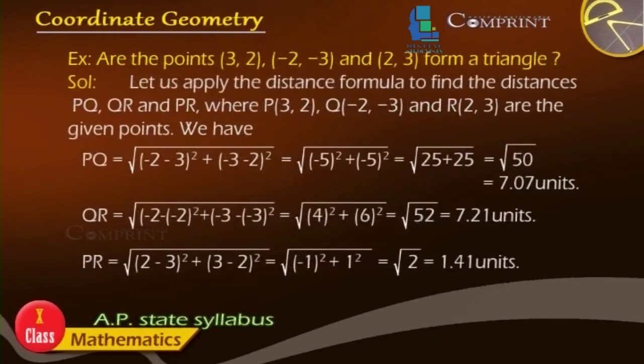Example: do the points (3, 2), (minus 2, minus 3) and (2, 3) form a triangle? Solution: let us apply the distance formula to find the distances PQ, QR and PR, where P (3, 2), Q (minus 2, minus 3) and R (2, 3) are the given points.